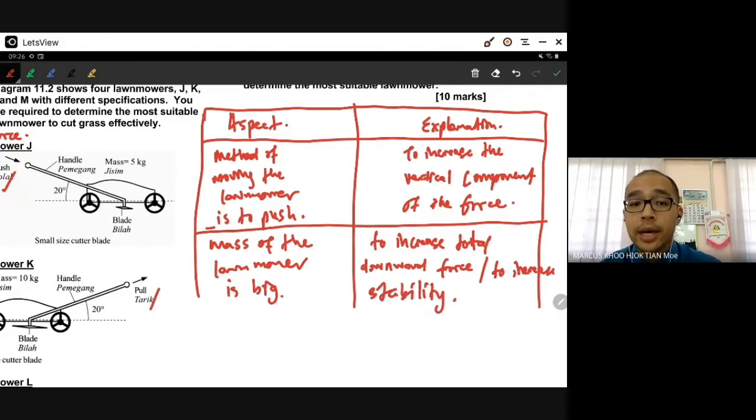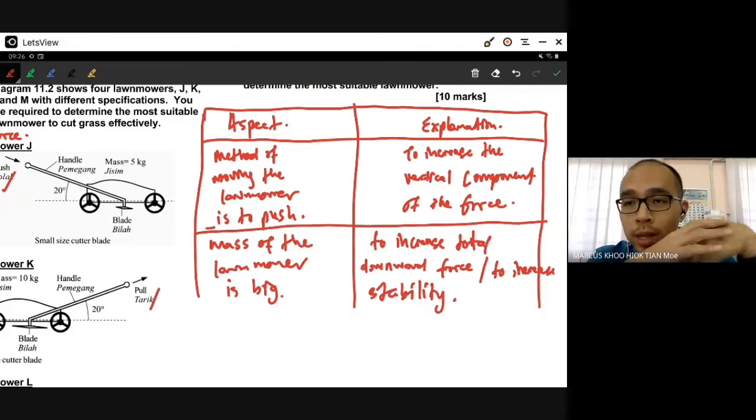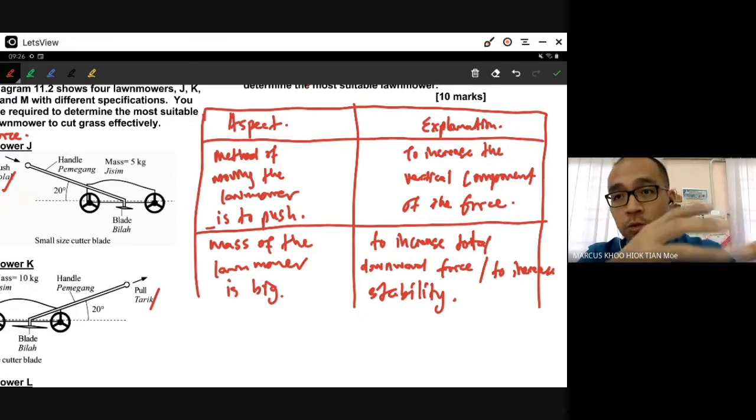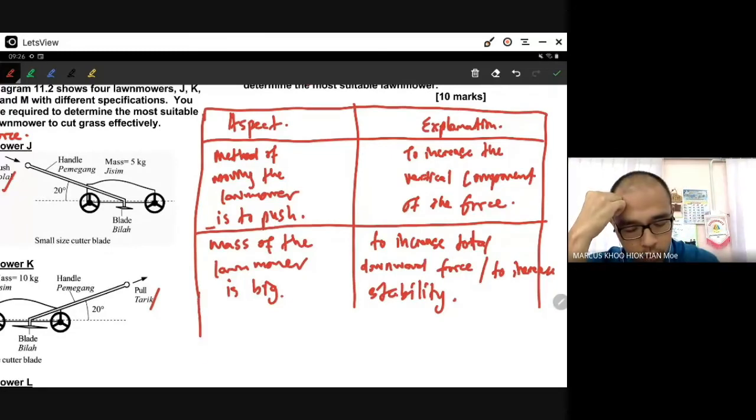Explanation: this is very unique, this question. Usually we want the mass of something to be small, supaya dia ringan. But in this case, we want it to be big because we need that big downward force so that we can really push and cut the grass better. So that's why the mass of the lawnmower should be big.